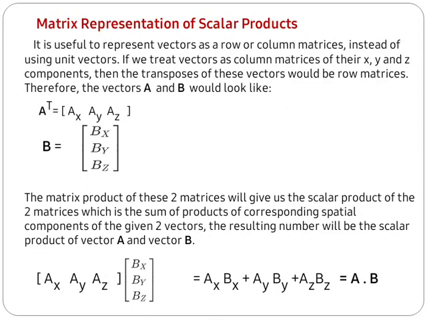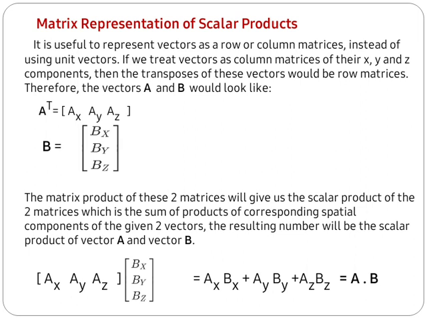The matrix product of these two matrices will give us the scalar product, which is the sum of products of corresponding spatial components of the given two vectors.